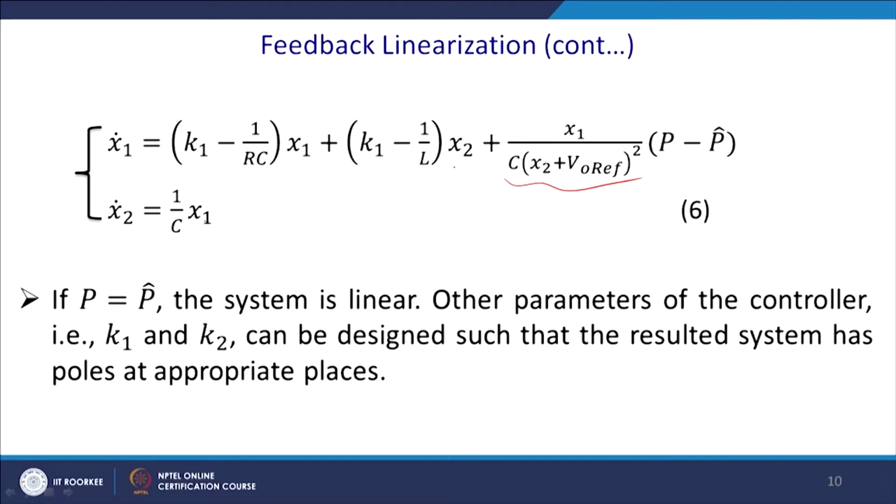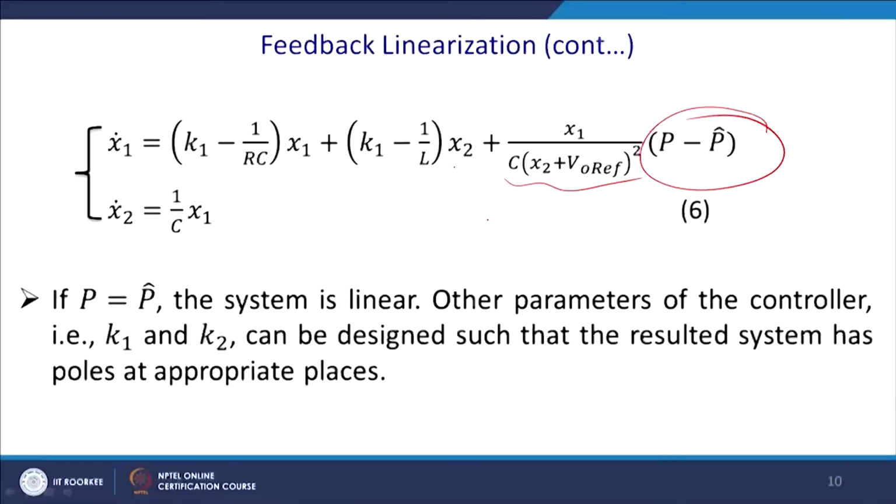And where P equals P delta, the system is linear because this part vanishes, and the other parameters of the controller we need to design properly so that this system has appropriate poles, considering the stability limit of the system.